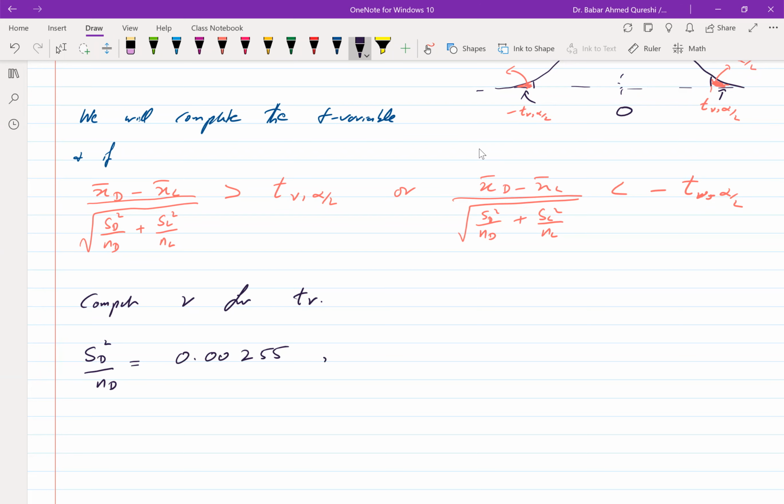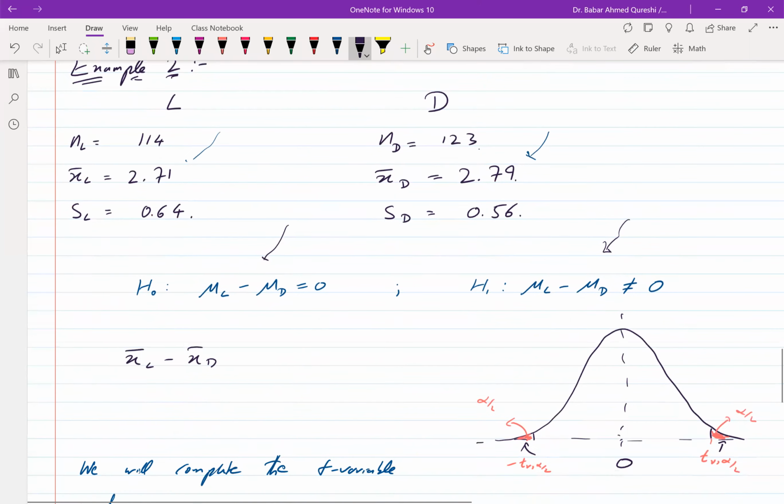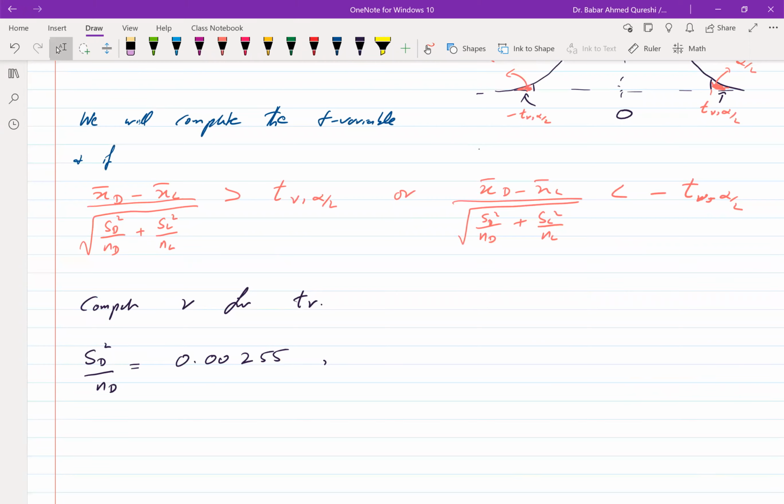I had computed this, but let me just check. 0.56 squared divided by 123. Yeah, this number is correct. And similarly, I have s_L squared over n_L, which is 0.00359.